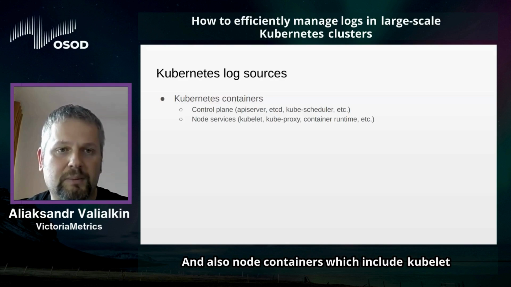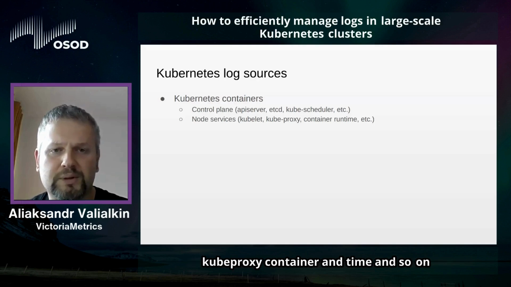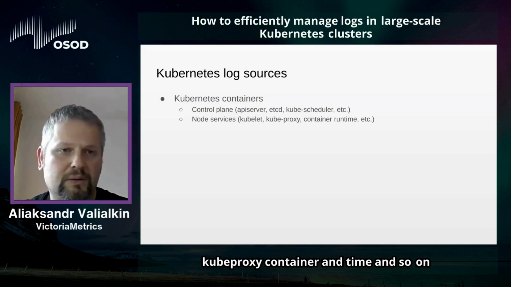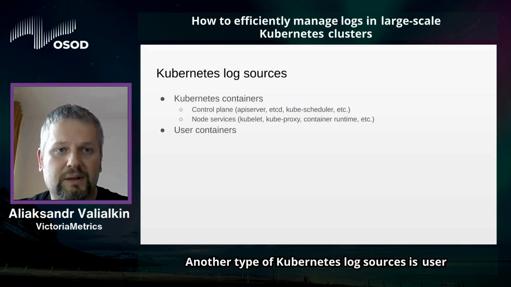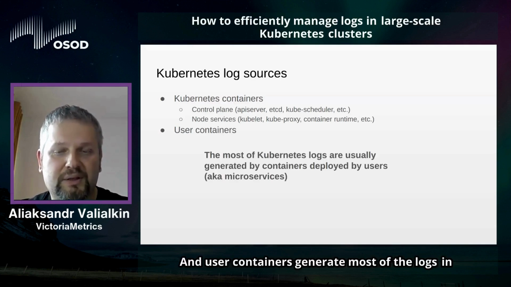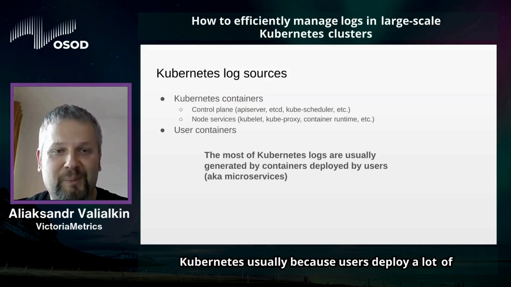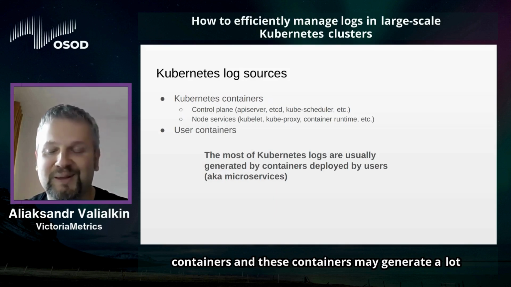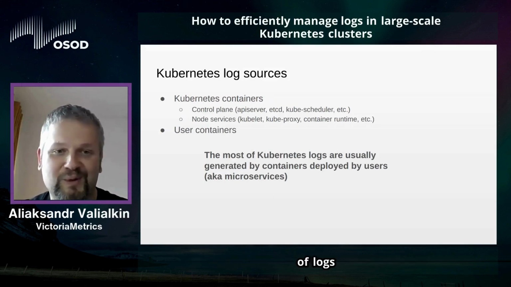And also node containers, which include kubelet, kubeproxy, container runtime, and so on. Another type of Kubernetes log source is user containers. And user containers generate most of the logs in Kubernetes, because users deploy a lot of containers, and these containers may generate a lot of logs.